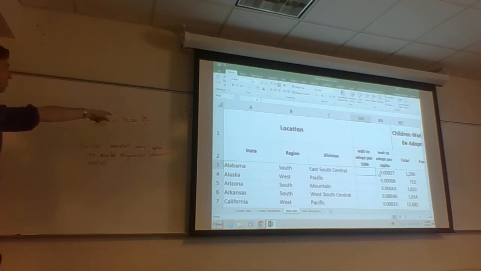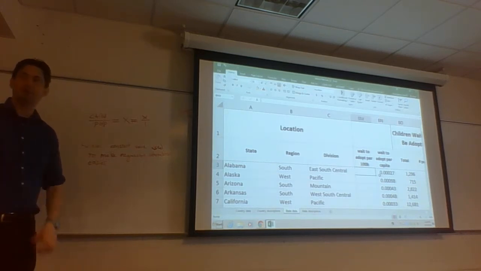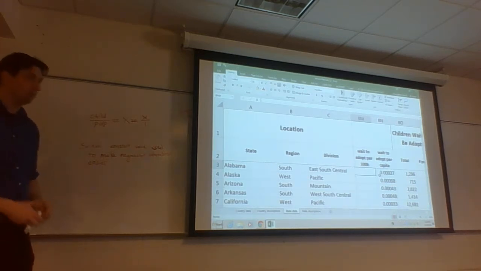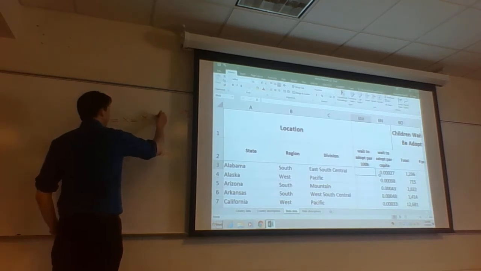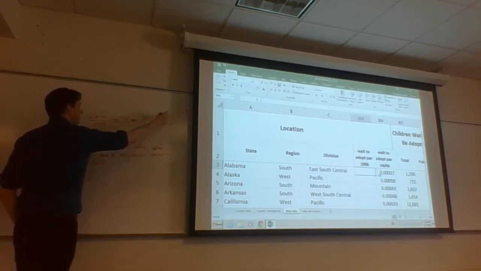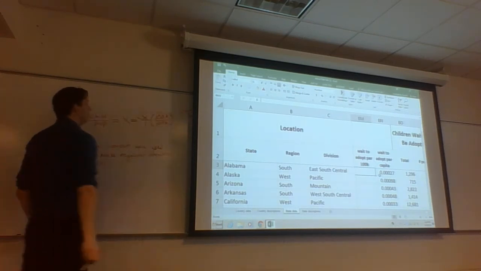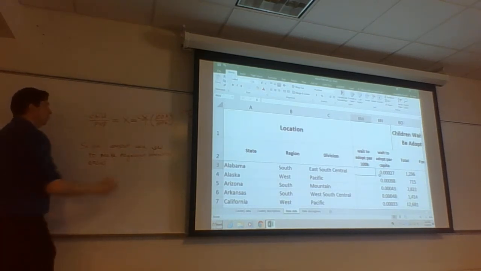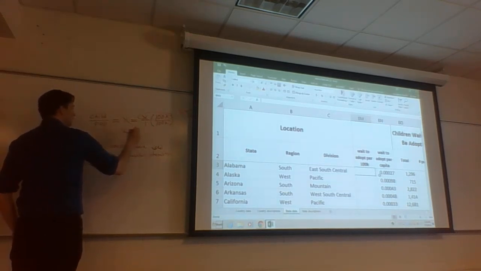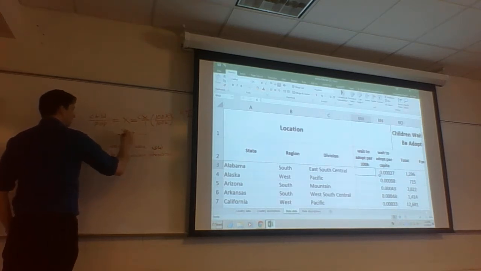Remember, we can multiply anything by 1, so we can divide anything by 1 into the same number. I'm going to multiply this by 100K divided by 100K. Which means if I multiply each one of these by 100,000, this becomes a new variable. We'll call it x sub 100. So 100K divided by 1 times 100K.